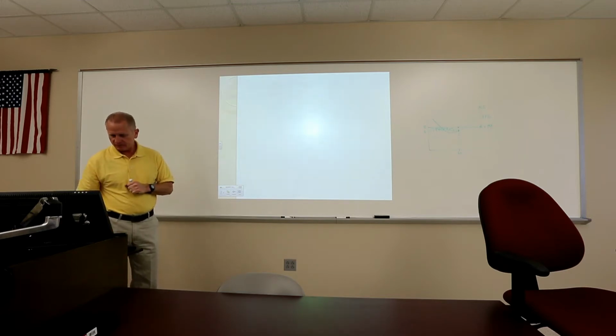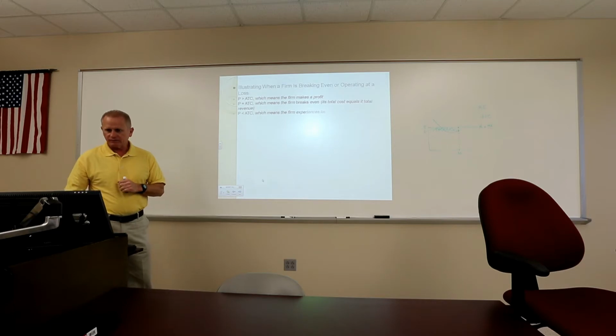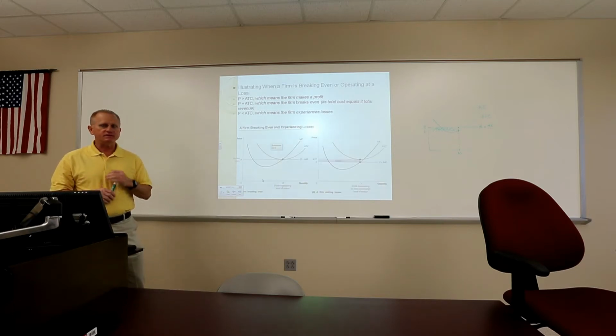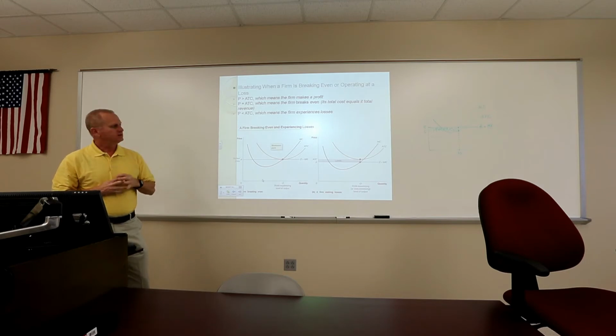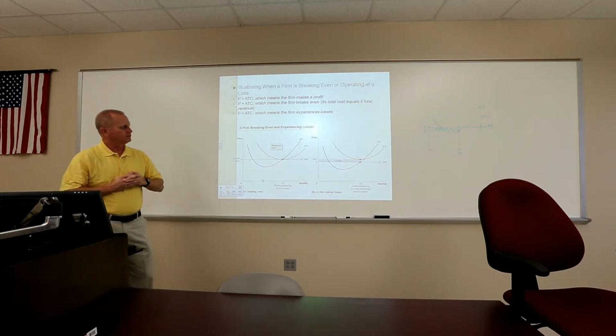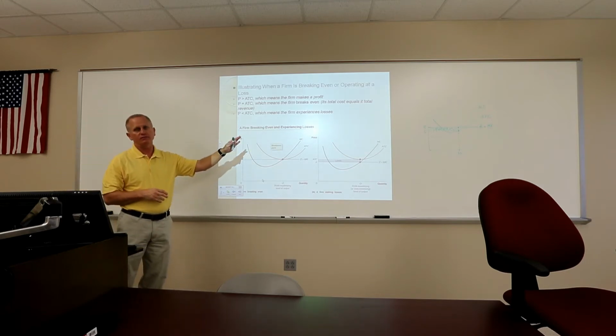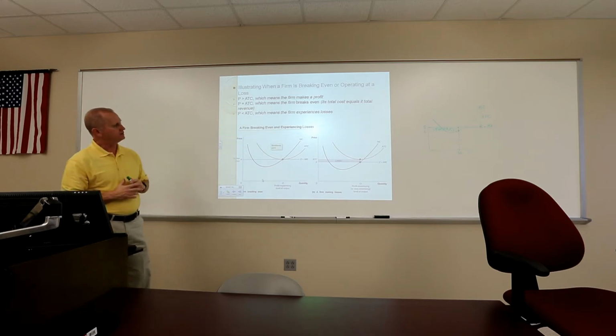Next slide was what happens if the firm isn't making a profit, like the picture on the right. Well, there are other illustrations that could occur, and they're listed there.